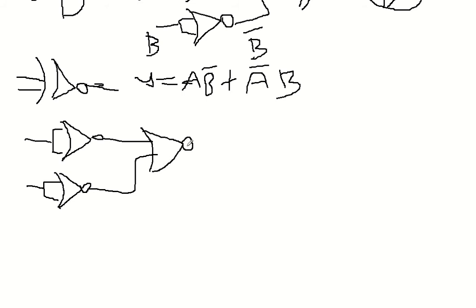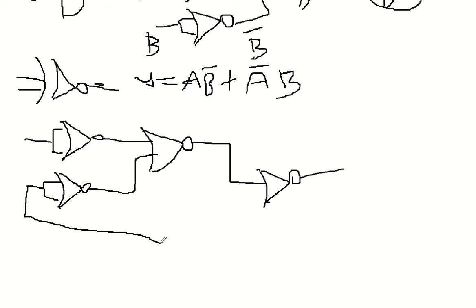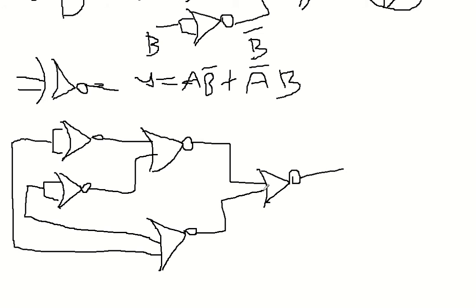After this NOR, this output can finally go to another NOR gate, but before that you need to take A. Let's take this one as your B and this one as A. This has to be connected with one NOR gate. So here you have the A input, another is the B input.